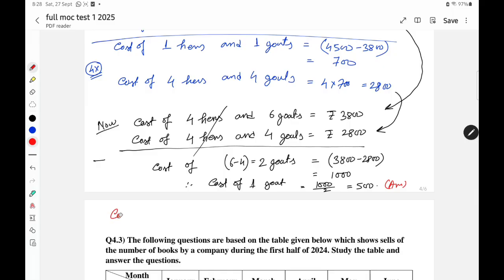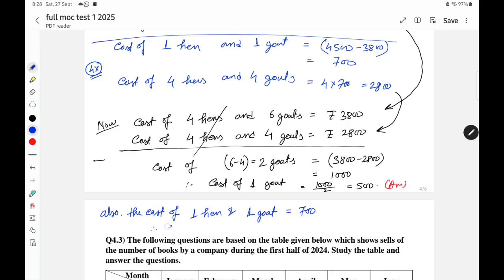Then the cost of 1 hen and 1 goat equal to 700.